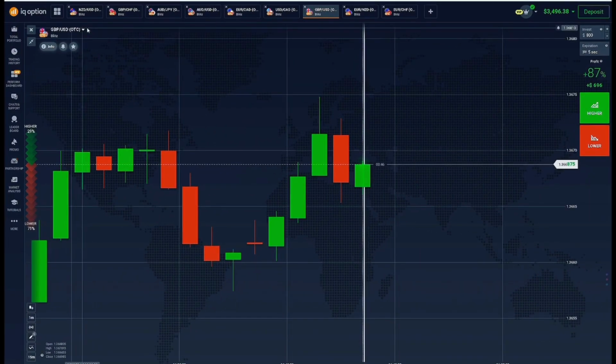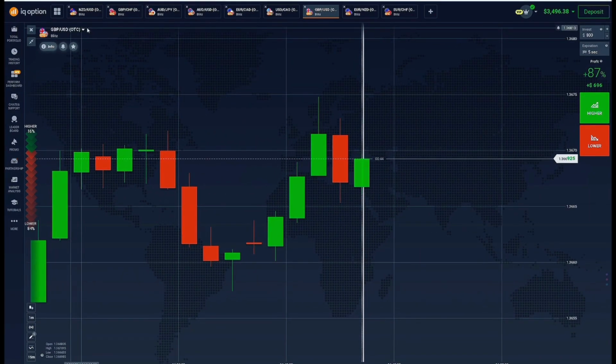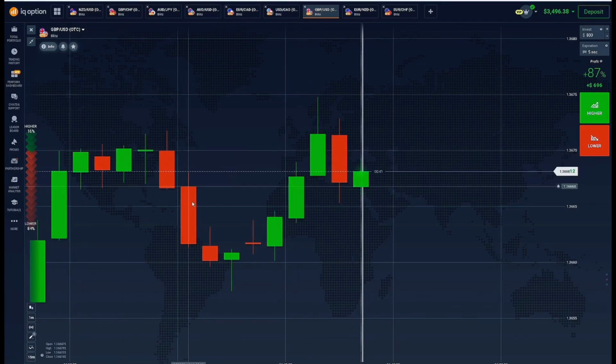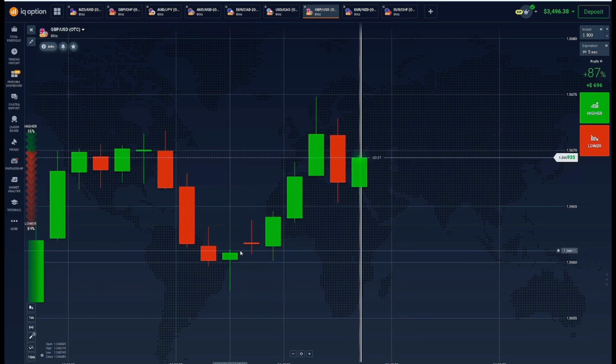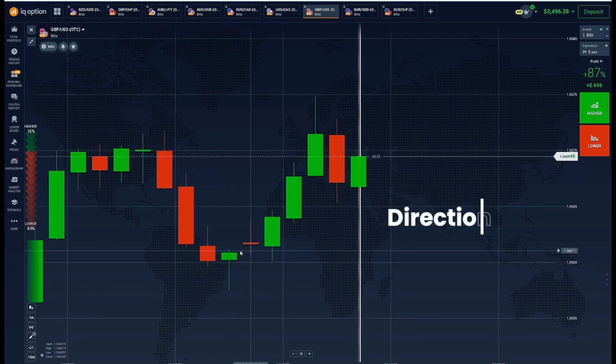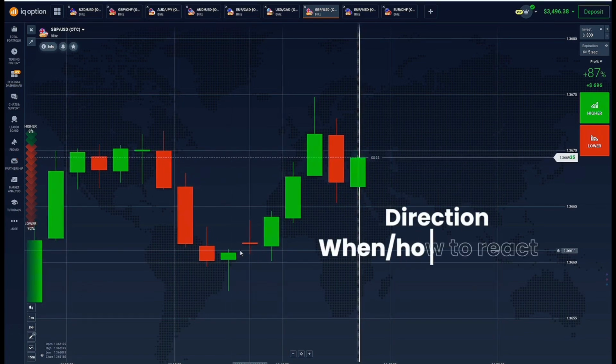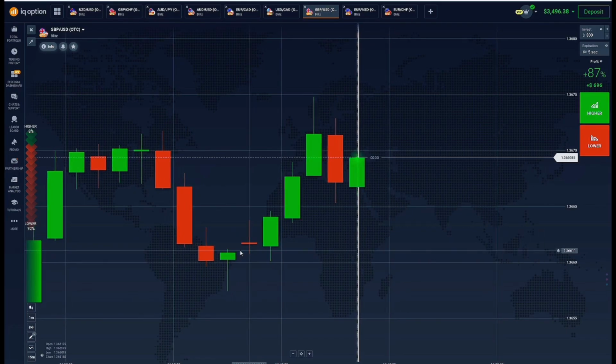Alright guys, the first thing you do when you come to the chart is to add your moving average. Your moving average is going to help you understand the direction and know when and how to react to the market.